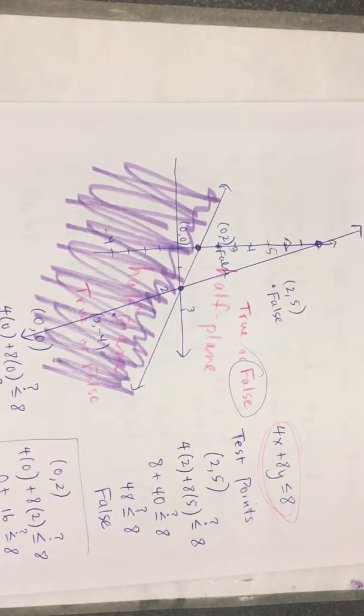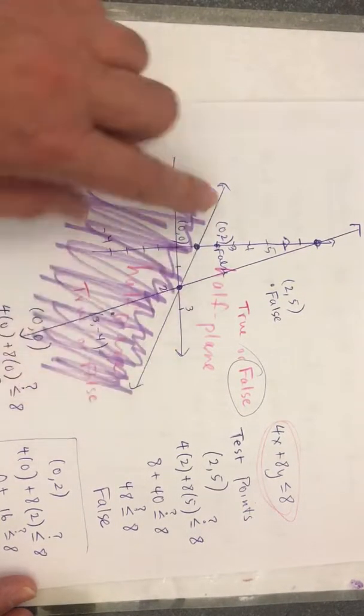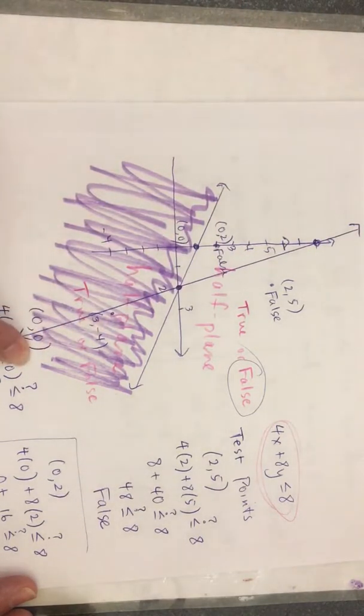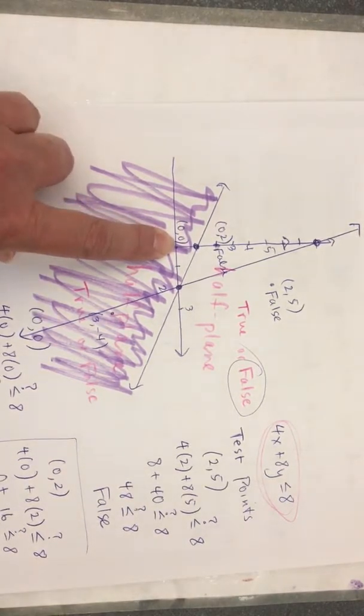At this part of the problem, my picture can look a little confusing because I got all that purple from my other shading. But now you have to ignore the first line and the shading, and we're just looking at this line right here. I'm going to pick (0, 0) and see what happens.